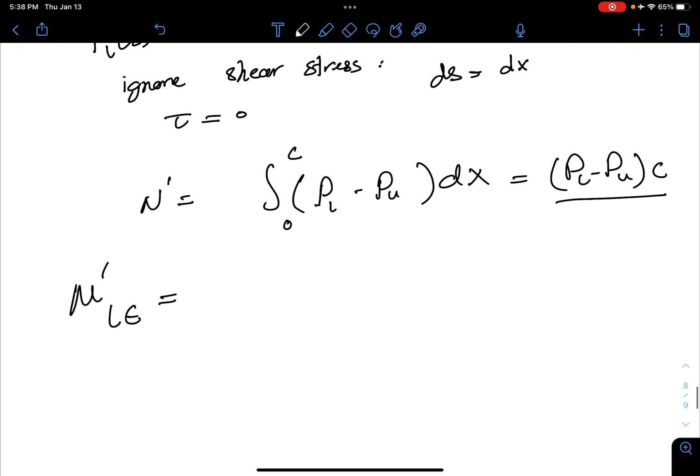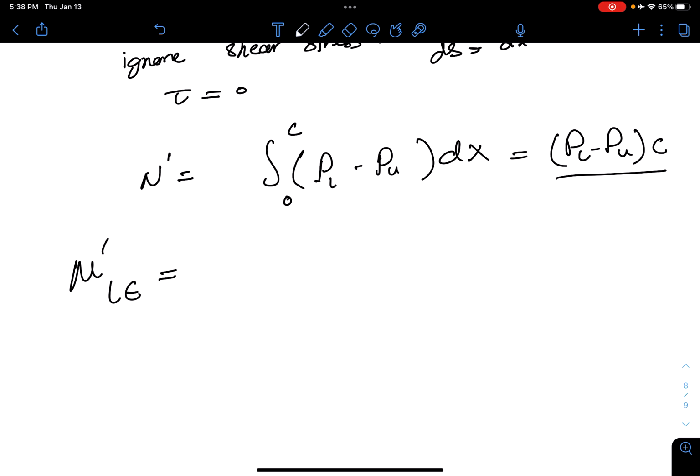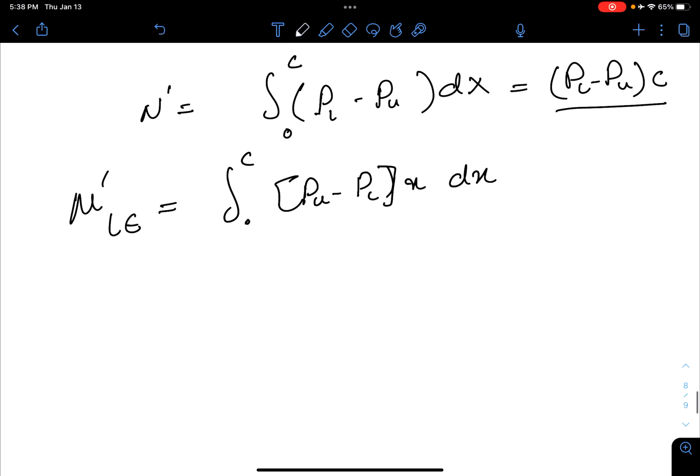If you do the simplifications, you are again going to end up with the integral from 0 to c of pu minus pl, x dx. What is the integral of x dx? Because p doesn't change, that's a number.